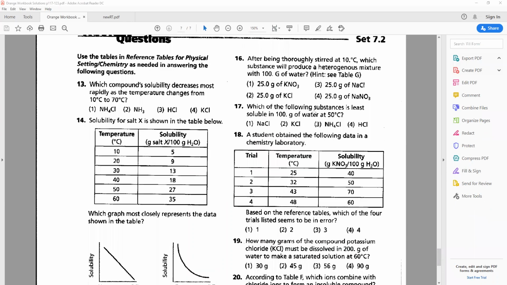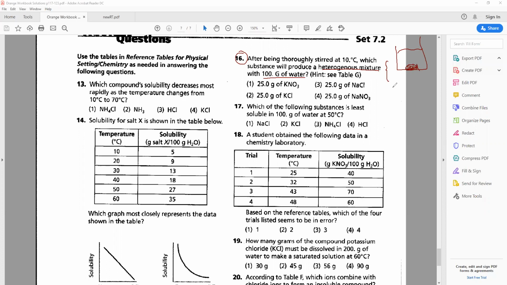Now question number 16. After being thoroughly stirred at 10 degrees Celsius, which substance will produce a heterogeneous mixture with 100 grams of water? Heterogeneous mixture means that I have two phases. I have aqueous, water with something dissolved, and I have something extra that is a solid over here.